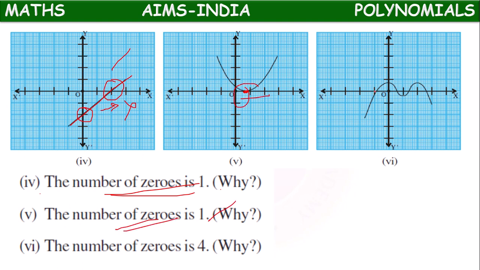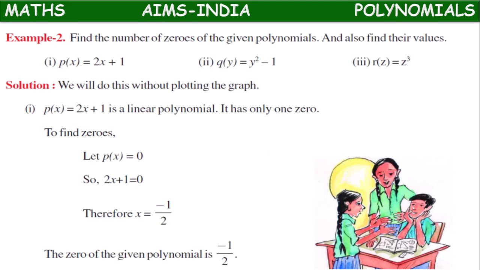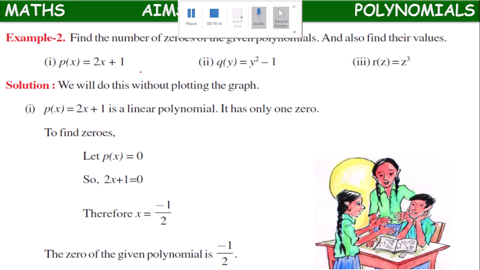Intersecting at 1, 2, 3, 4 points, so the number of zeros is 4. Just by seeing the intersection points on the x-axis, we can identify the number of zeros.